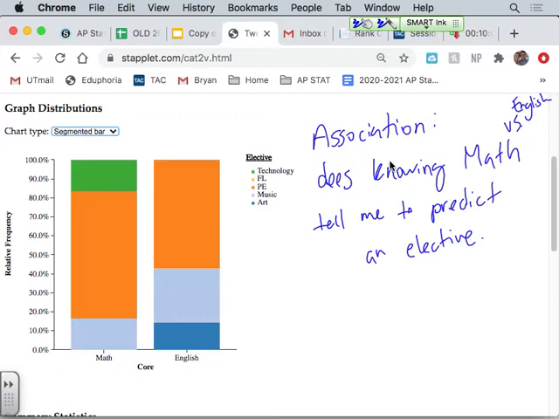Yeah. So if there's an association, it would mean if you liked math, I could tell you you're probably going to like PE. Even though in this case it's pretty similar, let's say the technology one, you might like technology.